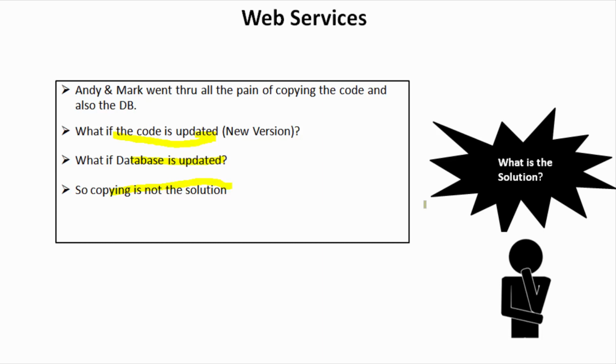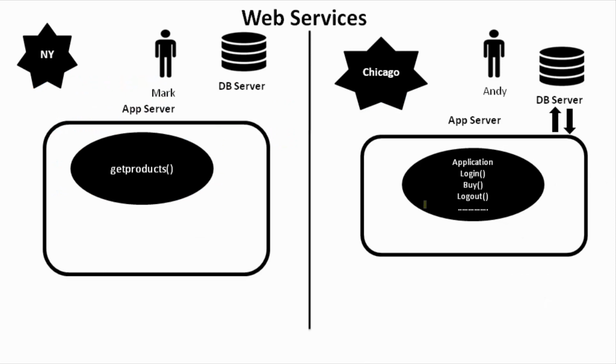The beautiful thing here is, if the application over here, instead of making a call to the jar file, if the get products call from this application somehow makes a call to this instance of the method, instead of creating the jar file and deploying it over here, it would have been nice if it had directly made a call to this instance of get products.